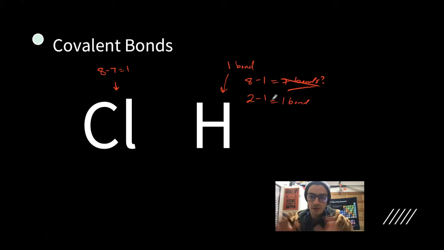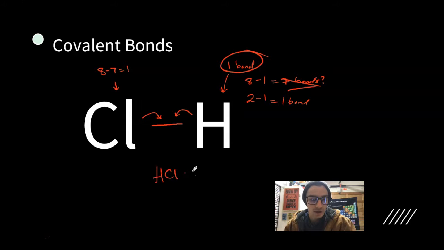Now, whether or not that is making sense to you, the best thing to remember is just that hydrogen forms 1 bond. If chlorine forms 1 bond and hydrogen forms 1 bond, well, there you go. It's made its bond. And this is actually the molecule HCl, which is hydrochloric acid. And that's an acid that is formed in your stomach right now. Hydrochloric acid helps break down food.